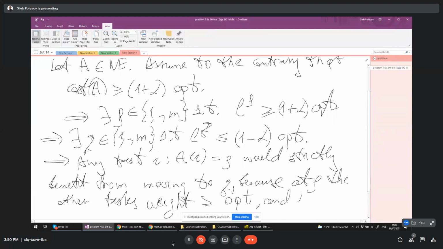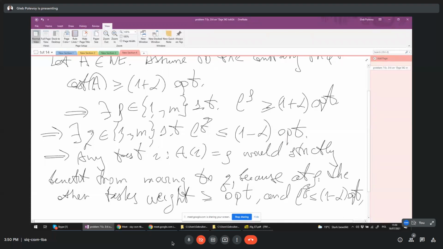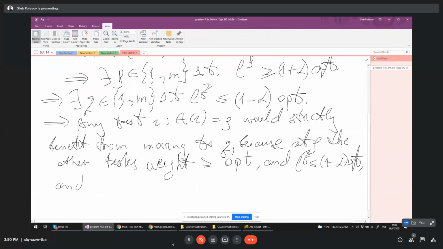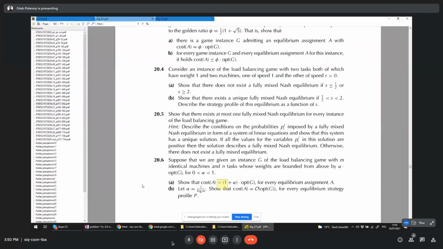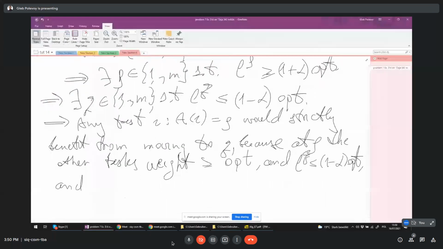The load of machine Q, so there, the other task weighs at most 1 minus alpha times optimum, and alpha is greater than 0. So there is a strict gain. Do you agree? Yes.